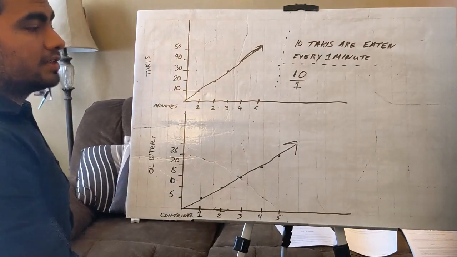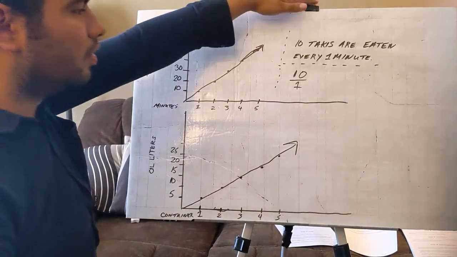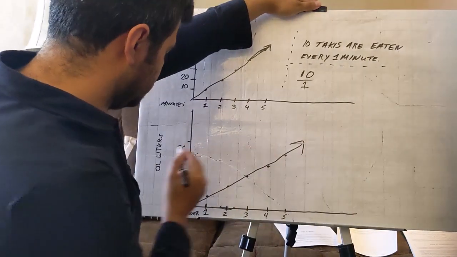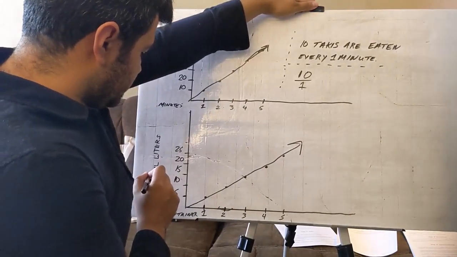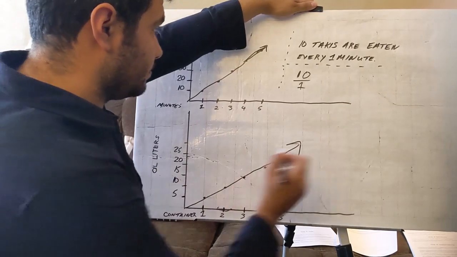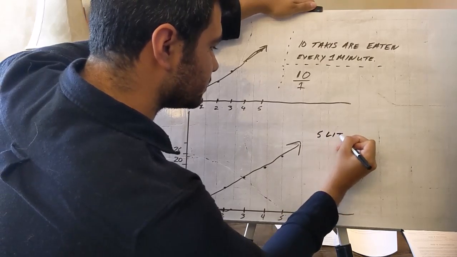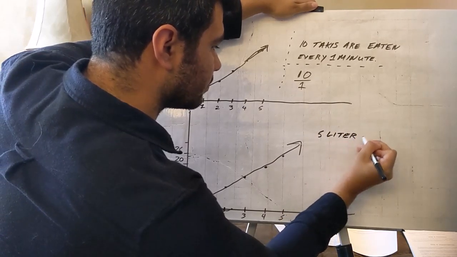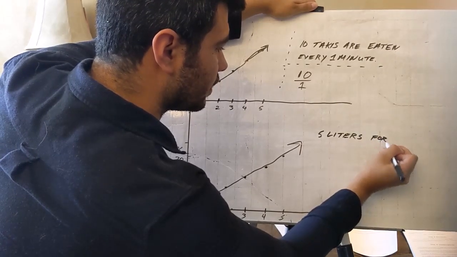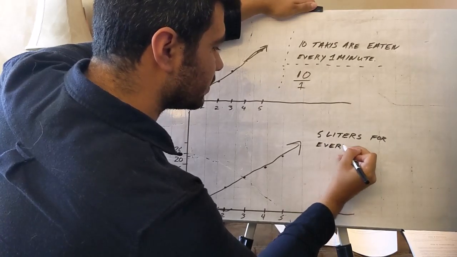Now I just need to put it in my number sentence, and then I need to put how much it's increasing by over the number that we're going over by. So it looks like 5 liters for every 1 container.